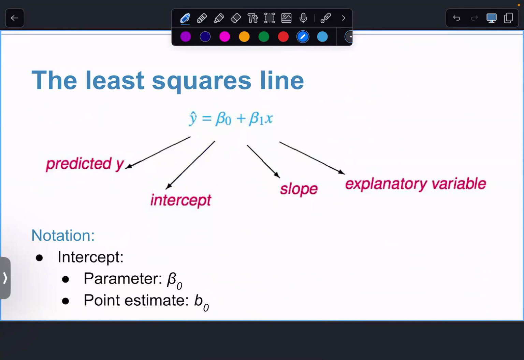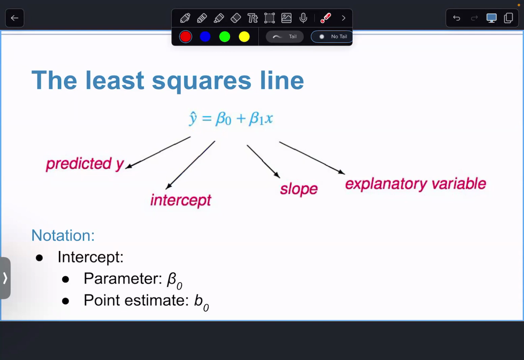Okay. Oh boy, now we're back to inference, sort of. We have a sample of information, and we're trying to use that sample to build a model. We're going to have point estimates for our model, but really what we're trying to do is learn about the whole population. And so we have this model here for the population: y hat is beta naught.